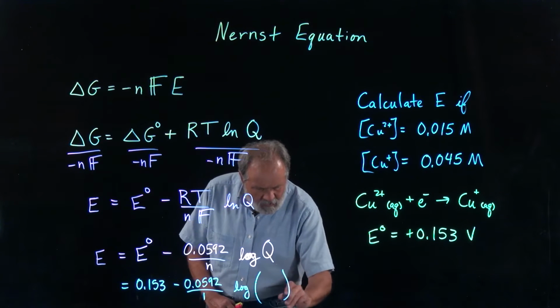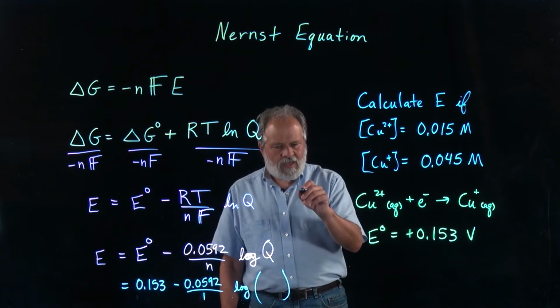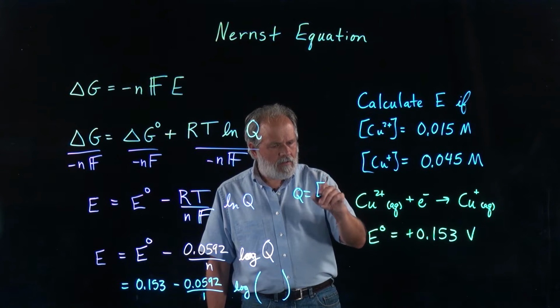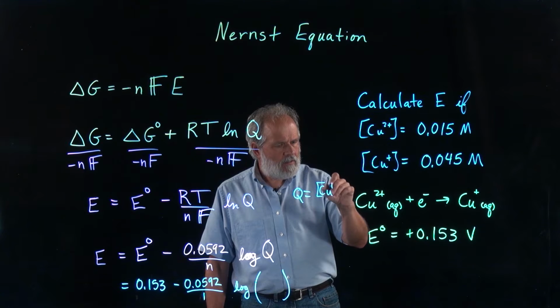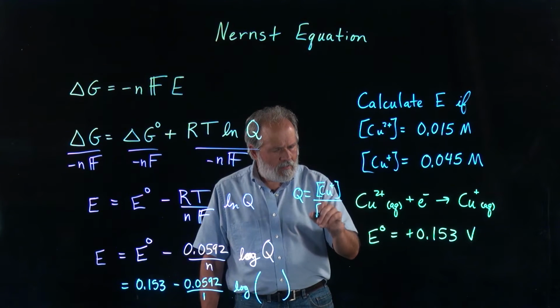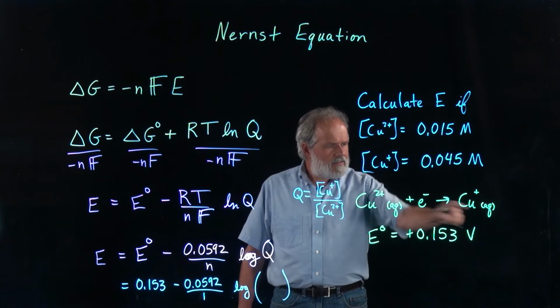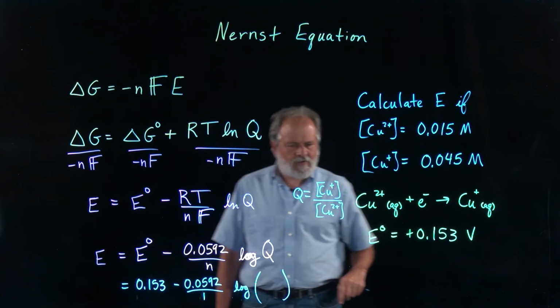Now what is Q? Q is going to be the reaction quotient, so let's write that down. It's going to be the concentration of copper 1 divided by the concentration of copper 2.